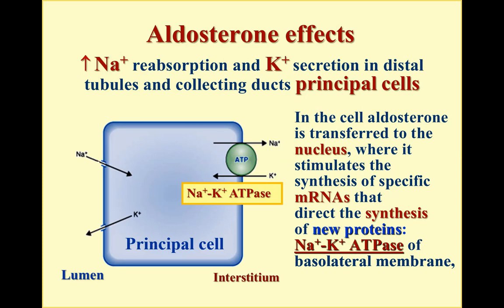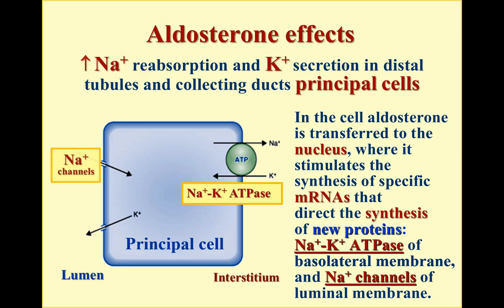But first, sodium must enter the cell, and as sodium is a charged particle, it cannot penetrate through the membrane of the cell. Therefore, an additional protein, which is formed also due to aldosterone action, is the proteins that produce sodium channels. You remember, channels also consist of protein walls, and these sodium channels are produced due to aldosterone action stimulating synthesis of new proteins.